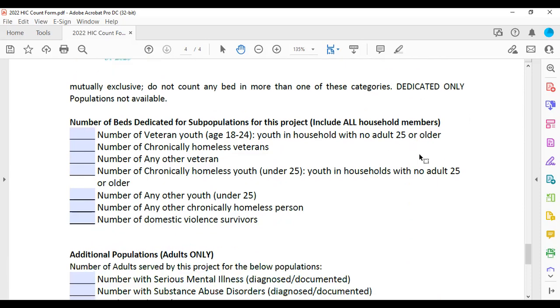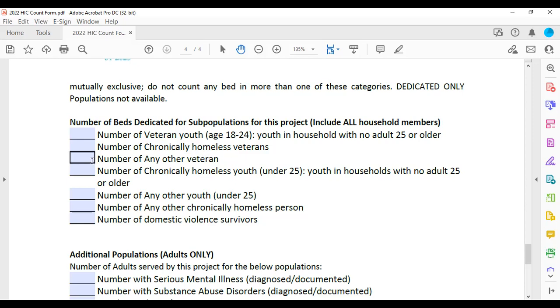So you might say, well, I serve veterans that are 18 to 24, but you would only include this number here if your project only served that particular population.